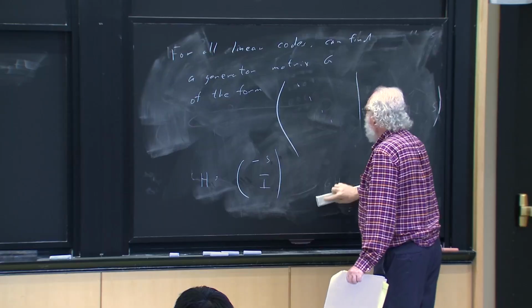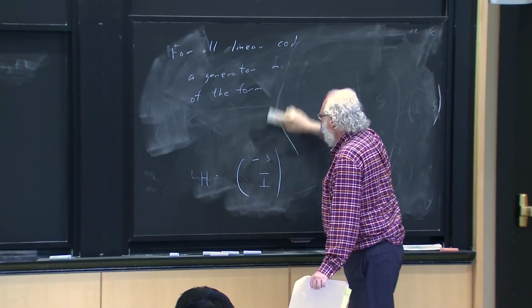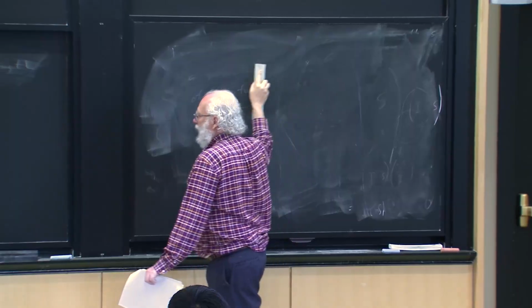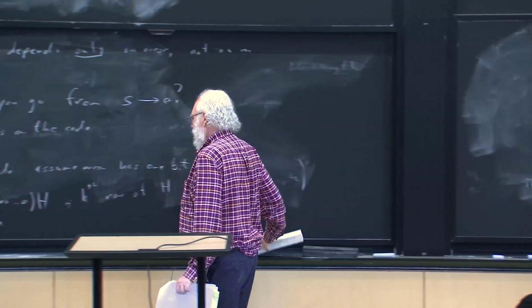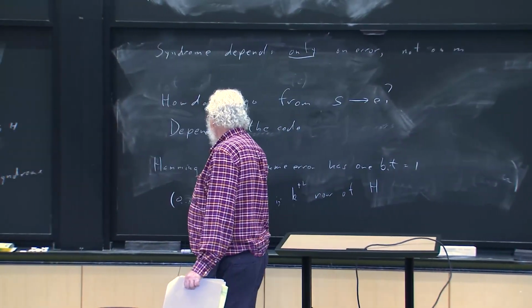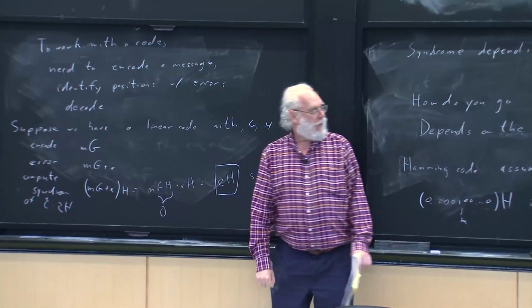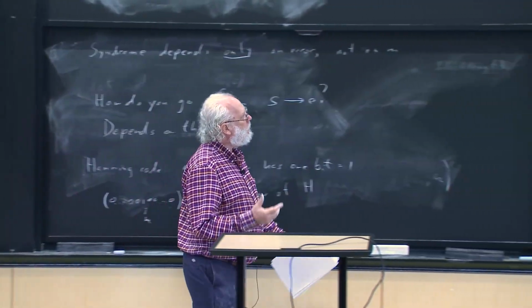Because the Hamming code can only correct 1-bit errors, we only need to worry about the case where the error E has 1 bit in it, and that case is easy to decode.